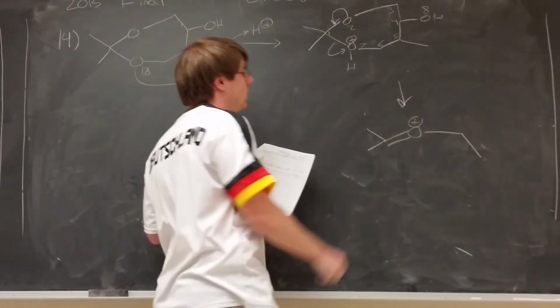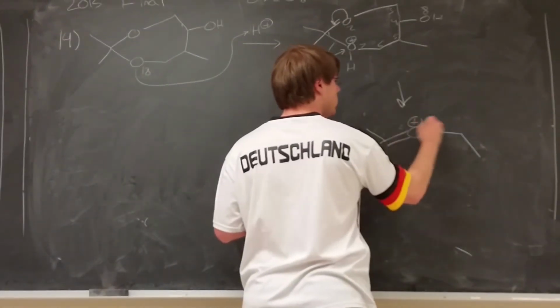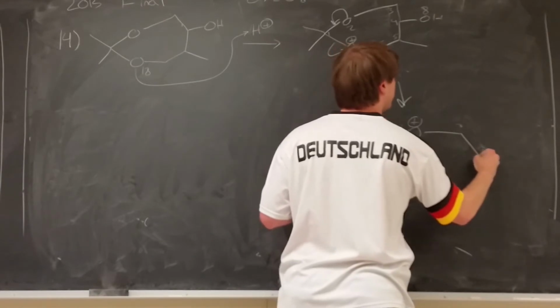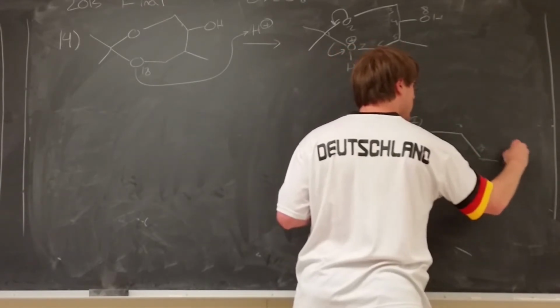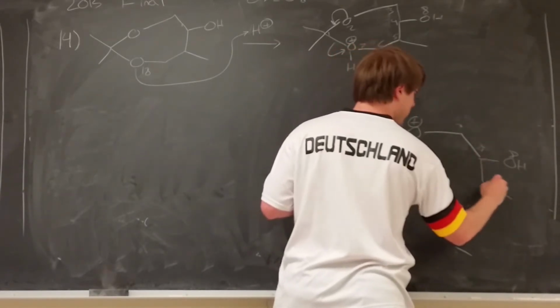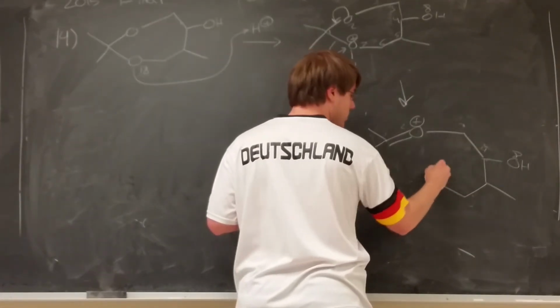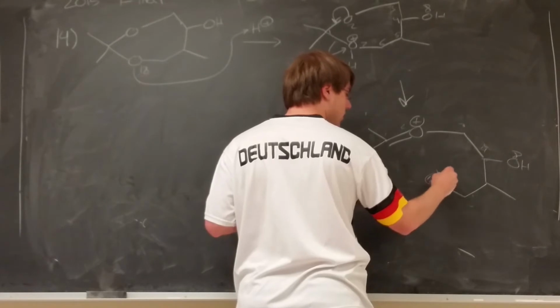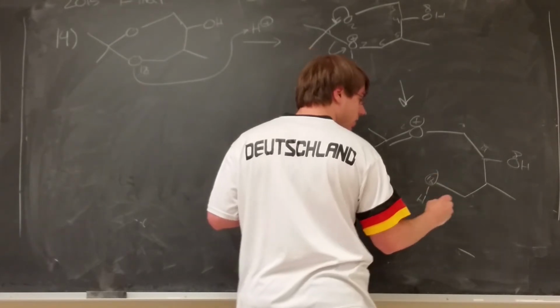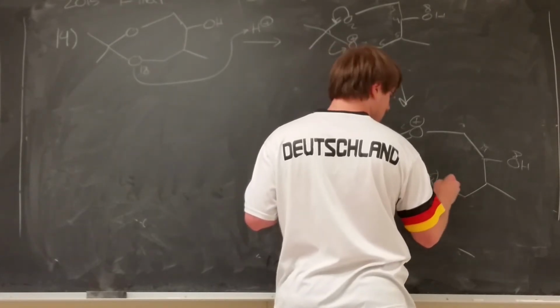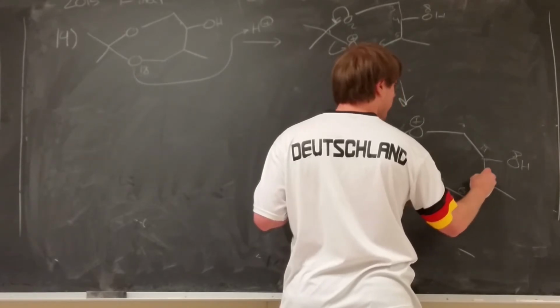Okay, and now I have 1, 2, 3, 4. 4 is bonded to the OH that I labeled 8. Then I have 5 with a methyl, 6, 7, and 7 is the oxygen that we care about. So that's the O18, and it's OH neutral now. And this is 7, 6, 5.